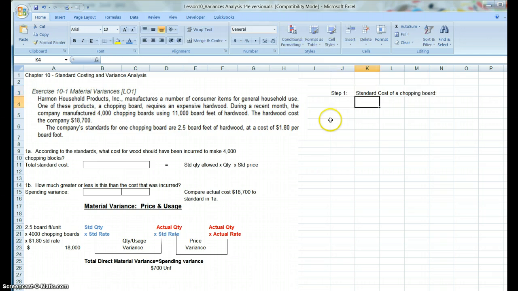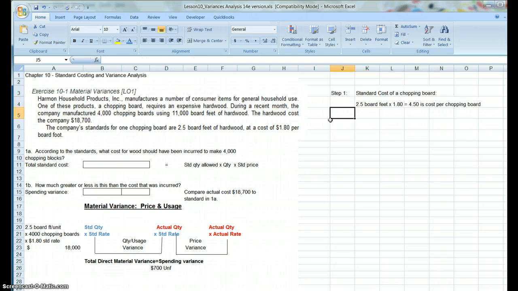In order to do this, we need to take the 2.5 board feet per chopping board and multiply it by the cost per board foot, which is $1.80 per board foot. So we get $4.50 as the cost per chopping board.